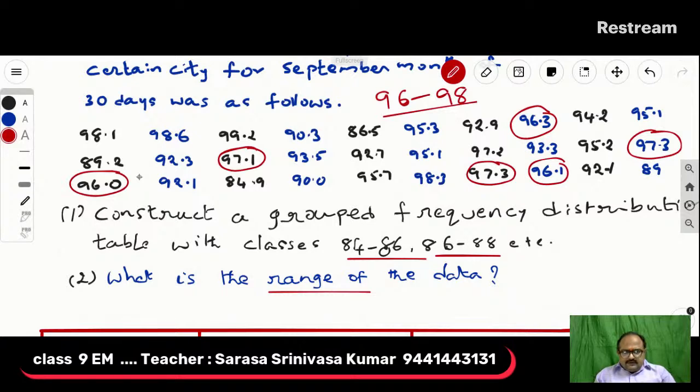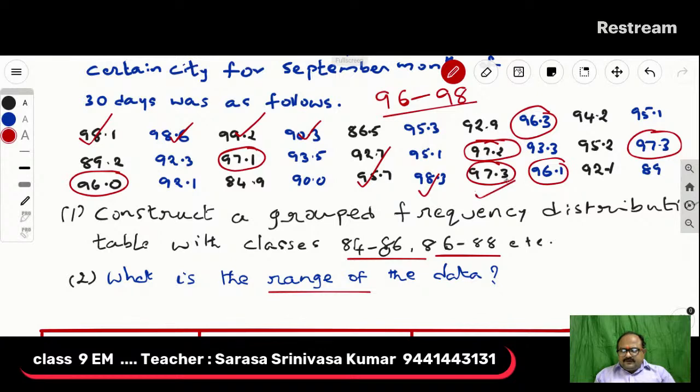Here we should check it again. This is verified. Verified. This is also verified. Here 97.2 is there.